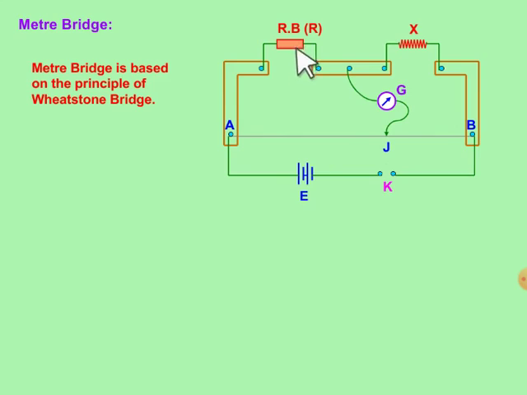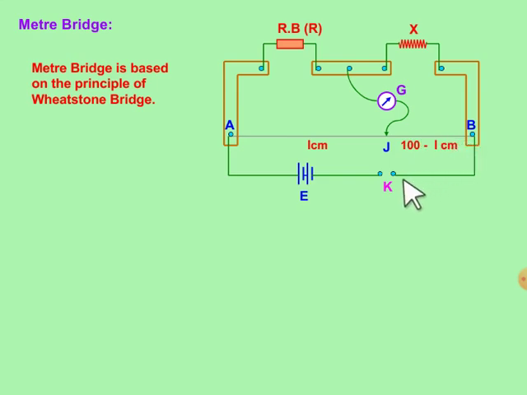So this will act as P, this will act as Q, and if the null point is obtained here at this point J, then we take the length from A to J as L centimeters. Then the remaining length JB will be equal to 100 minus L. Why? Because the total length of AB is equal to 100, so the remaining 100 minus L will be on this side, JB. Got it?